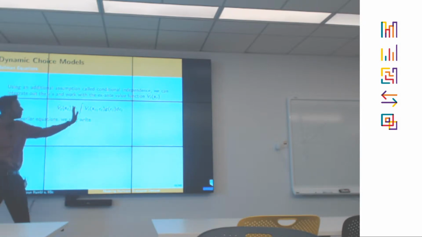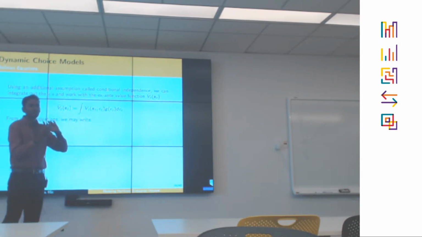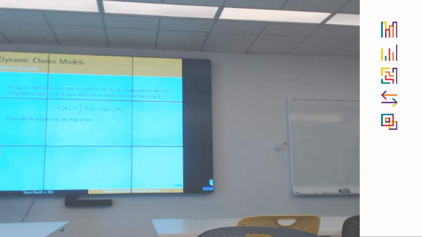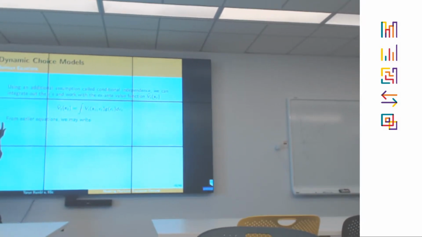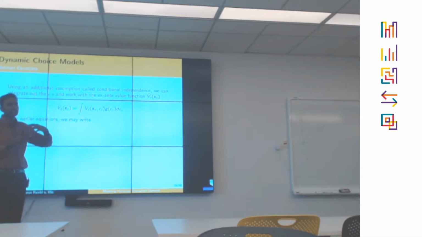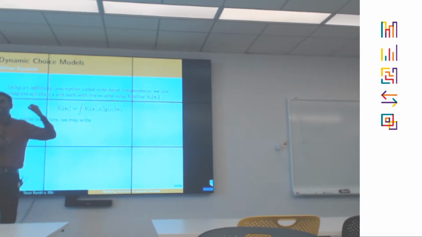You can think about the state as being observable in two stages. You first see epsilon, and then you see x, and then you make a decision as an individual. So before you see the epsilons, or let's say the prices of gasoline or the availability of that, this is the value of being in a certain state or of seeing a certain kind of hurricane conditions.